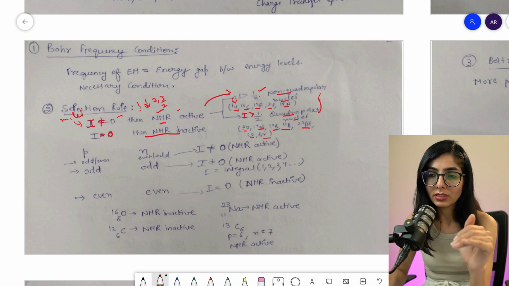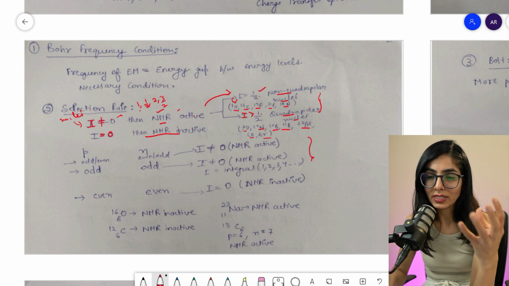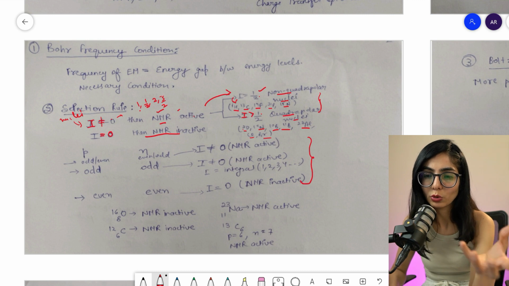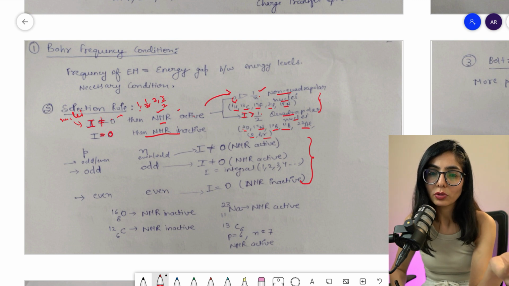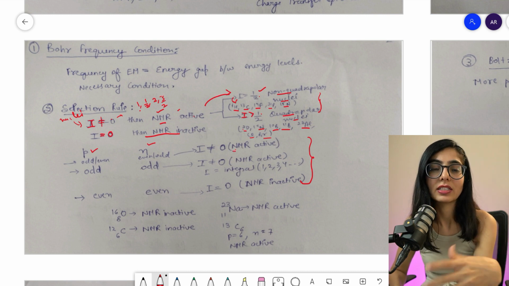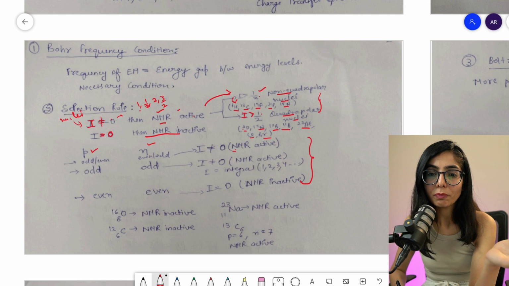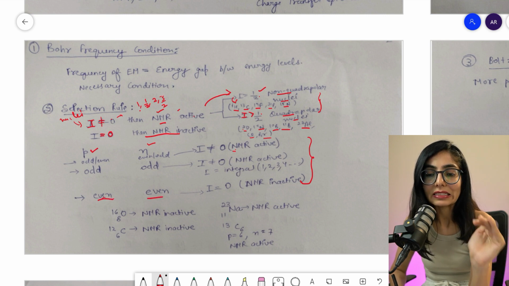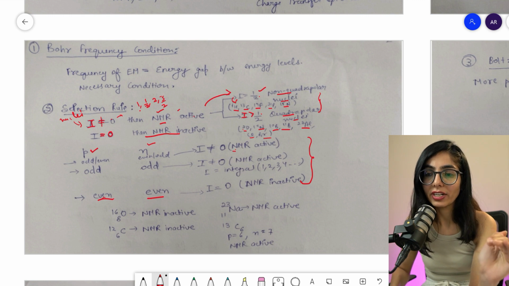Another very basic shortcut for understanding whether a nucleus is NMR active or not: we look at the proton and neutron counts and deduce it. If I is not equal to 0, we consider it NMR active, and if I is equal to 0, NMR inactive. If proton and neutron are both even, then consider that nucleus straight inactive.